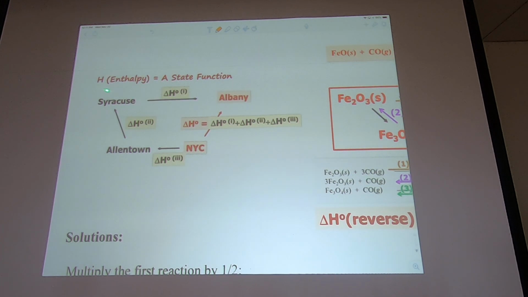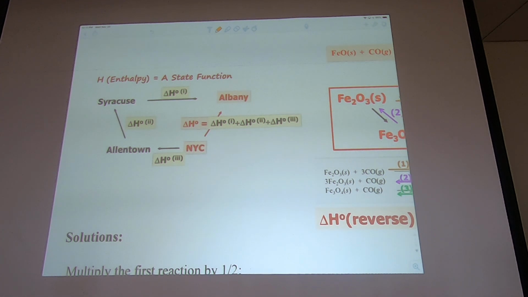Enthalpy is a state function. What that means is it doesn't matter how you get there, as long as you keep track of each step and track delta H. Here's a situation: you are in New York City. I want to know my delta H going to Albany. You can calculate that directly if it is possible.